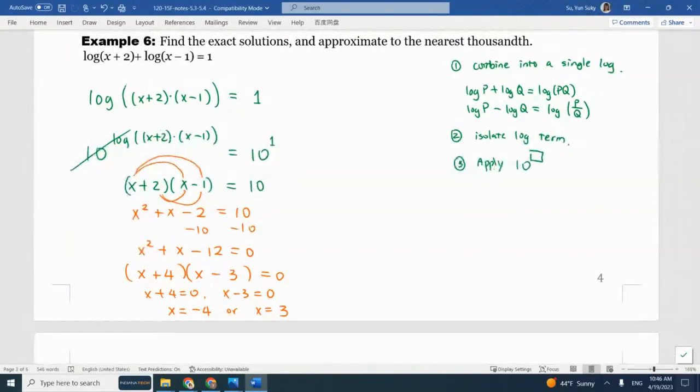Now, when you solve for x, and then step 5, you need to check the domain. When we have an exponential function, the domain is all real numbers, so you don't need to check the domain. But for log, the domain is only positive numbers. That's why when you deal with problems with log, you need to check the domain.